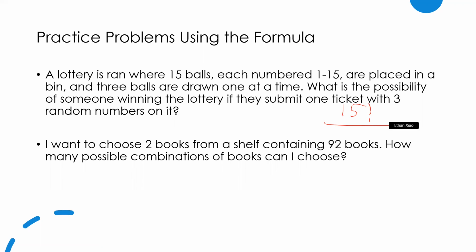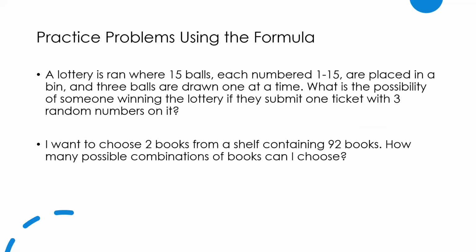And now we find the number of elements we choose, which is 3, since there are 3 random numbers. This is the same as the last problem, I'm just showing you the formula, which is 15 factorial over 12 factorial.